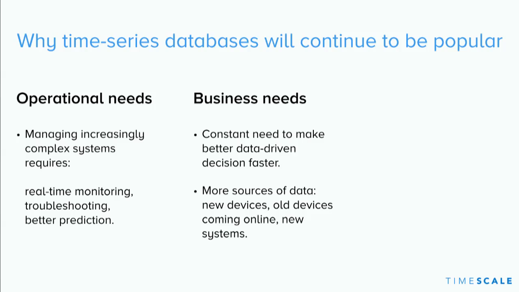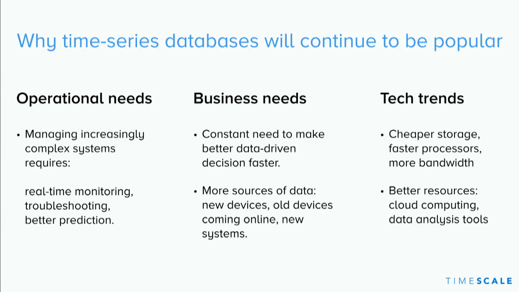Another reason on the business side is we have more sources of time series data: new devices coming online that didn't exist before, old devices that were siloed and sitting offline, like motors and cars and planes, that are now coming online, and new systems that you didn't have before.